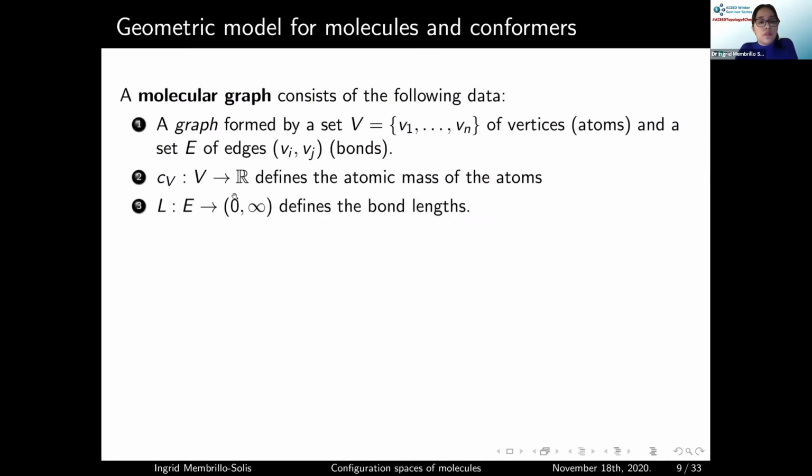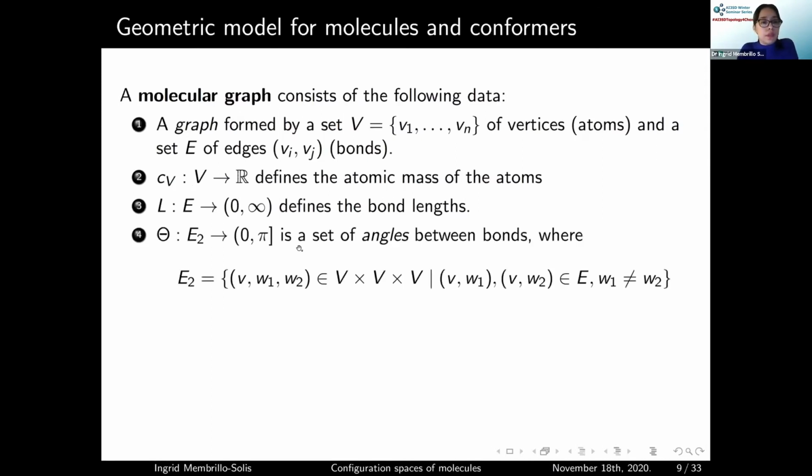Then we have another function L, which defines the bond lengths. And finally, we have a function theta, which is a somewhat technical definition, but basically it is the set of all angles between bonds.